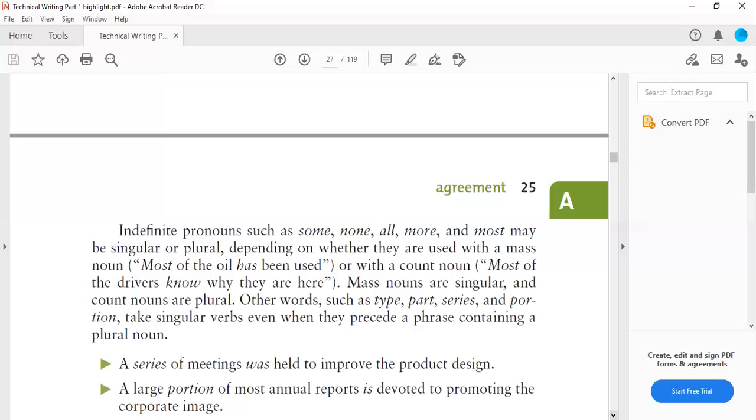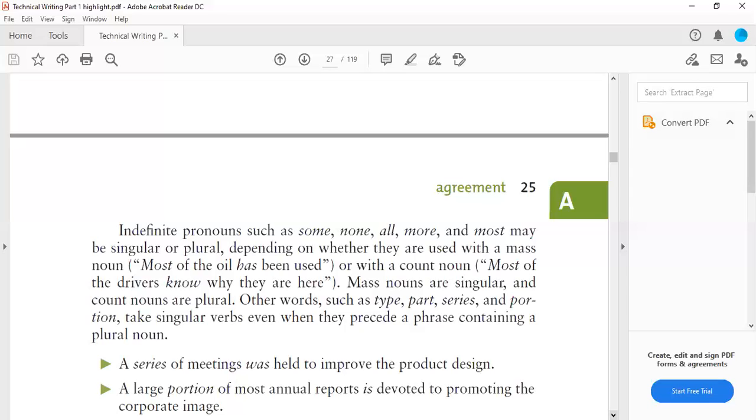If it is a mass noun, then it has to be singular because oil is a mass. But if it is a count noun, which means you can pluralize it by adding s, then it has to be plural. For example, mass nouns are singular and count nouns are plural.